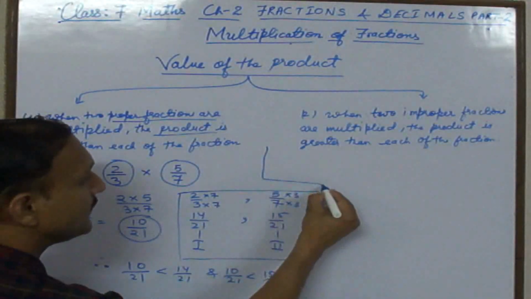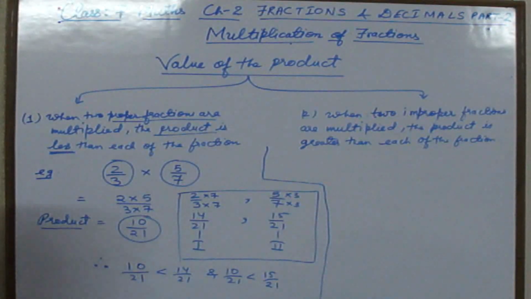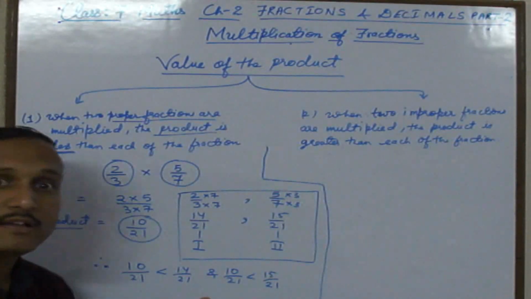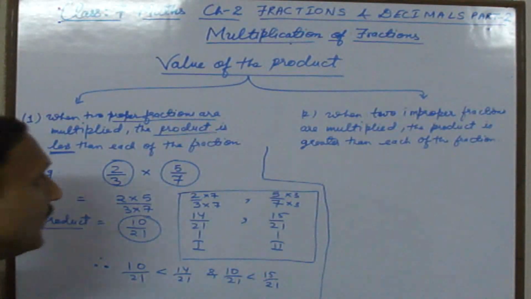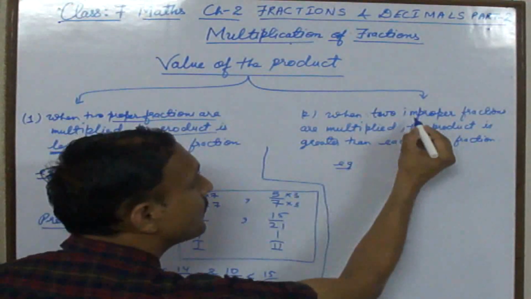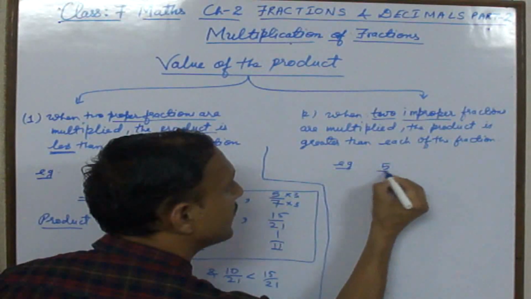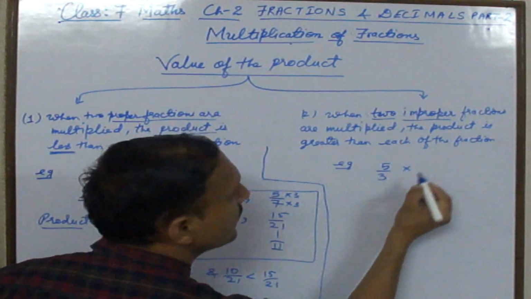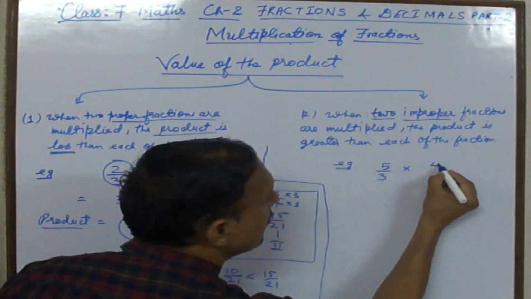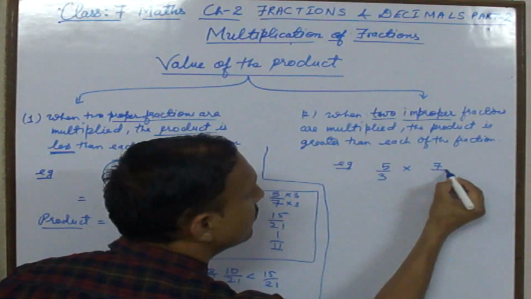Now what happens when we take two improper fractions? So let us take one more example. With the help of examples, it is very clear to us. Now let's take improper fractions. Two improper fractions we have to take. So 5 by 3, and the second one I am taking is 7 by 4.